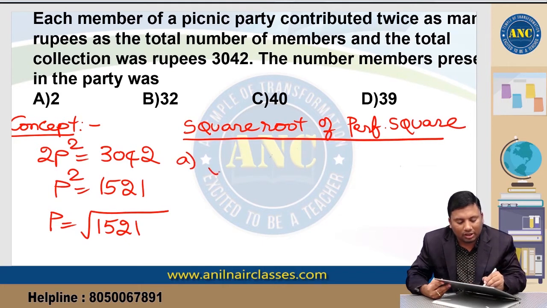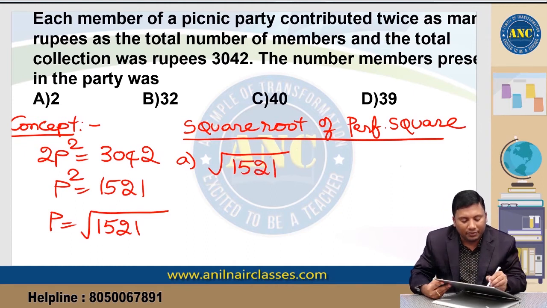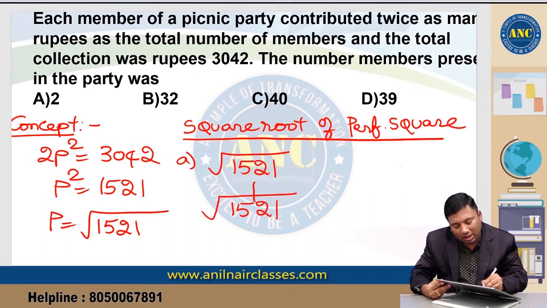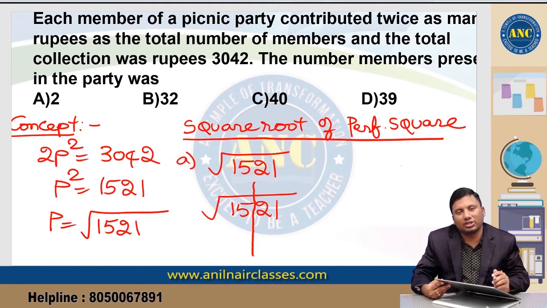First one, square root of 1521. Because it is a perfect square, start from the rightmost and keep a slash after 2 digits. Which number on square gives 1? 1 square is 1, 9 square is 81.